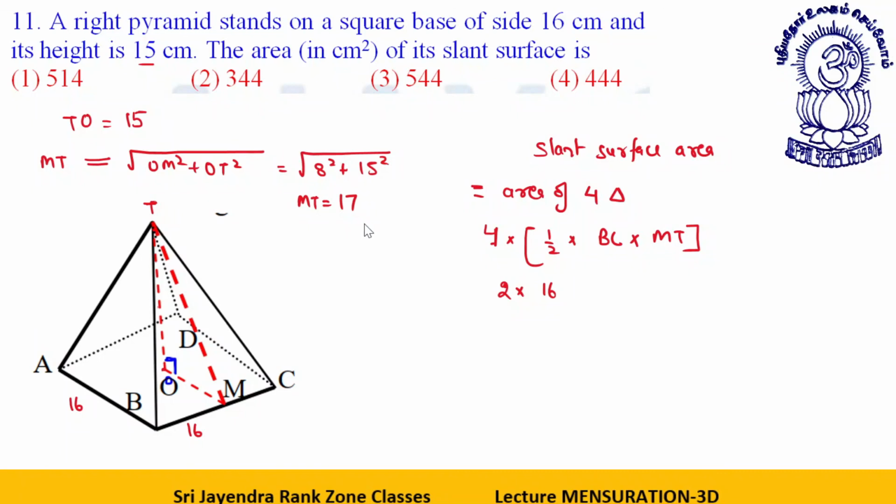So MT is equal to 17. So 2 into 16 into 17 will be 16 square plus 16, that is 256 plus 16, 272. This will be 544 centimeter square. This will be your answer.